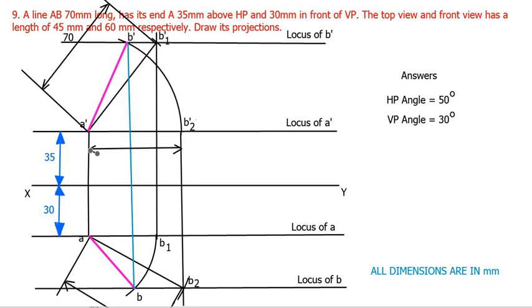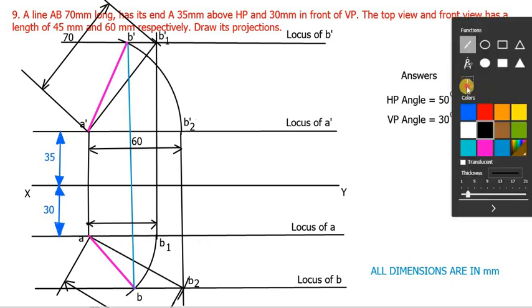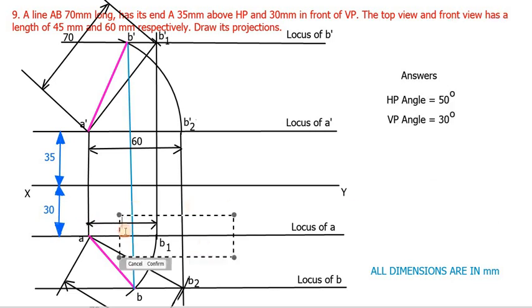So it should be 60. Similarly, the top view length is taken as 45. That can be marked here. That is A and B1. This will be 45.